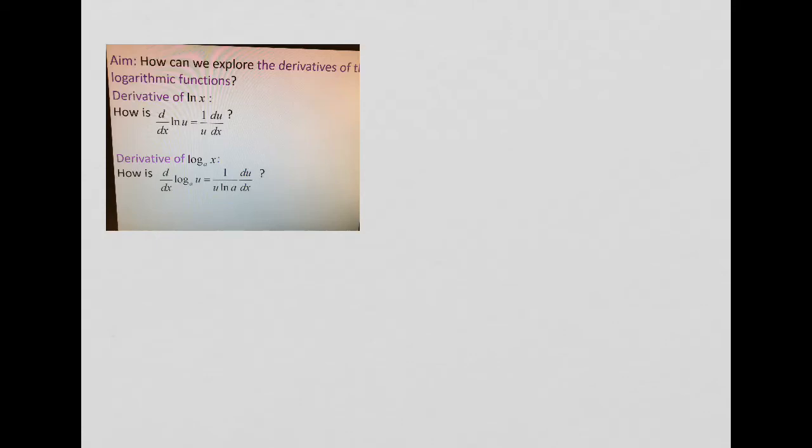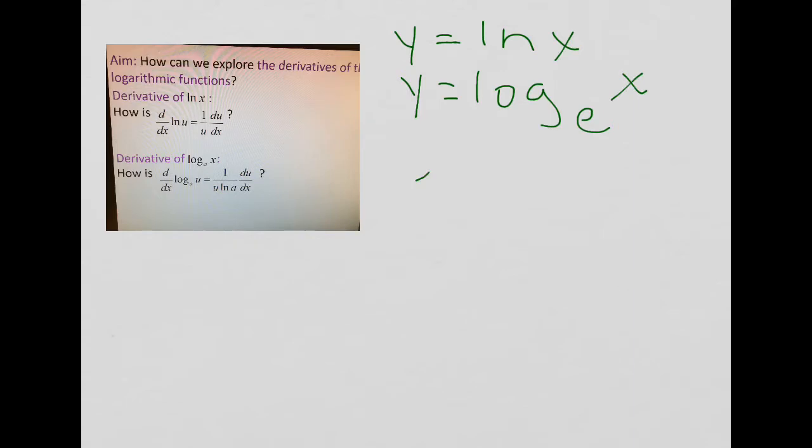Okay, so today we're going to go over the derivatives of log functions. With the derivatives of log functions, we tend to look at y equals the ln of x, which is y equals log base e of x. So e to the y is equal to x.